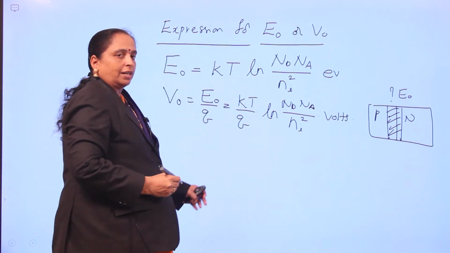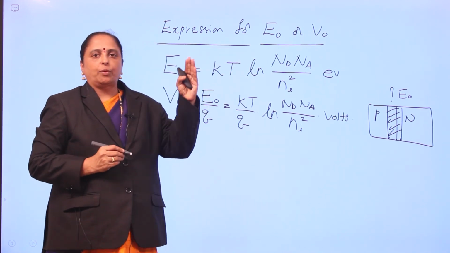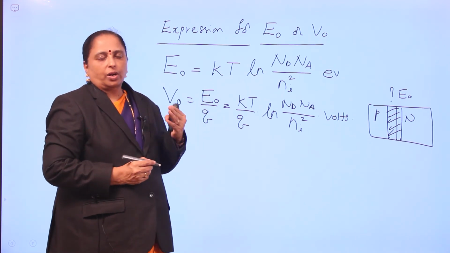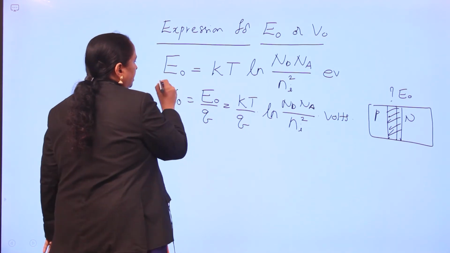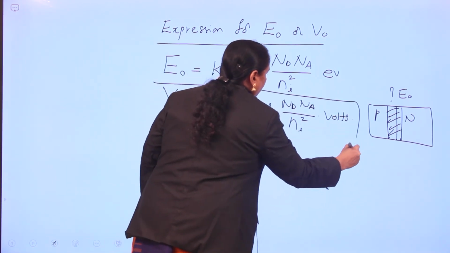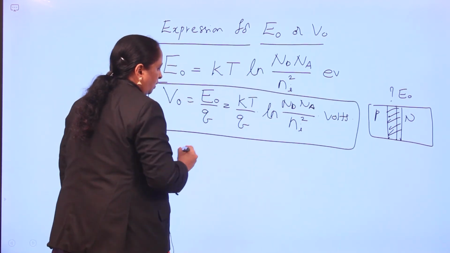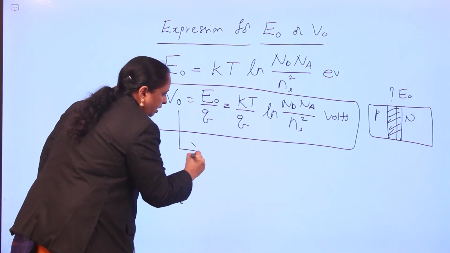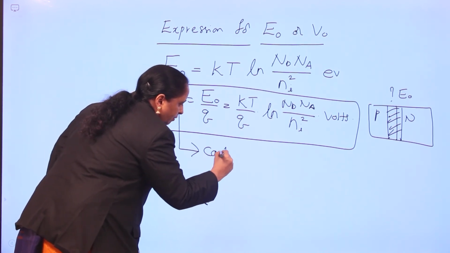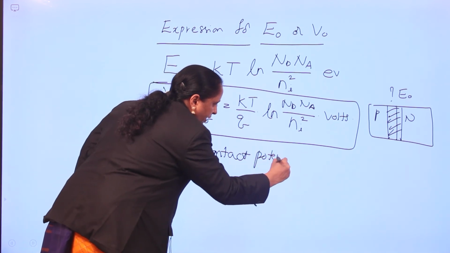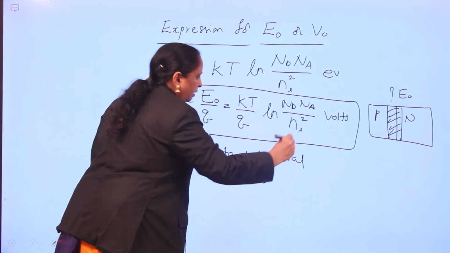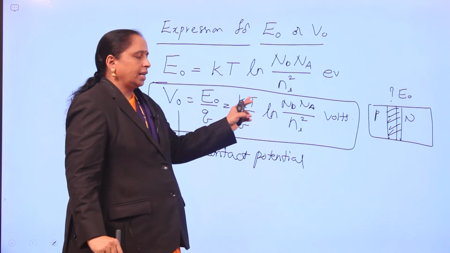Just what we have done, simply we divided the above expression by Q, the charge on each electron. So that's why this is the expression for the contact voltage or contact potential. So here V naught is known as the contact potential.